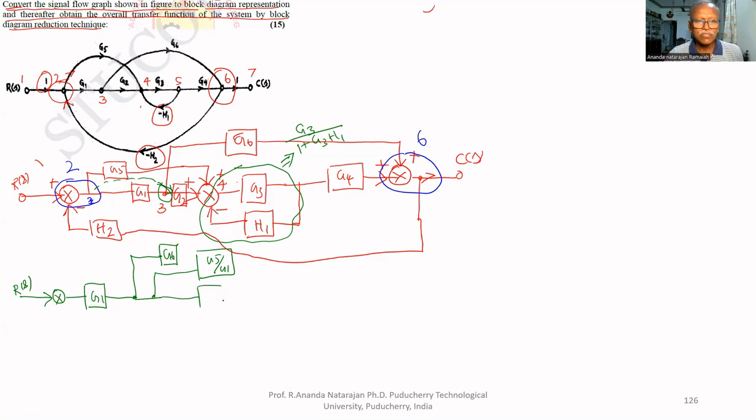After that, G2 is there. Here, this G5 is added here. After that, G3 and H1 is simplified. That's why it can be written as G3 divided by 1 plus G3H1.